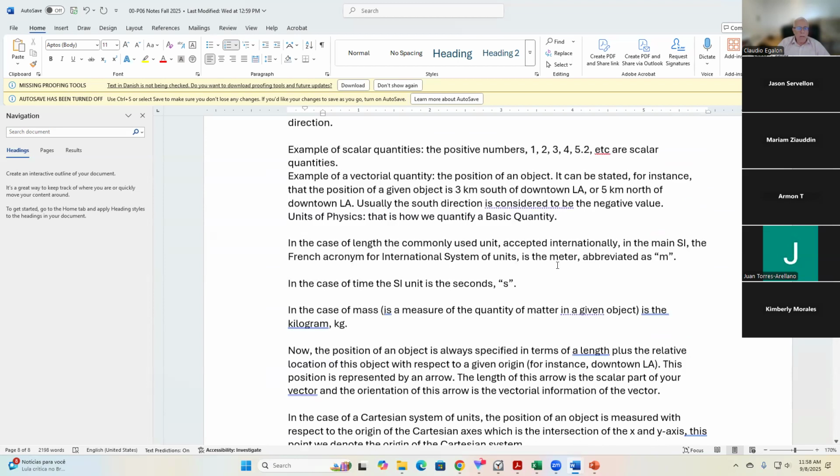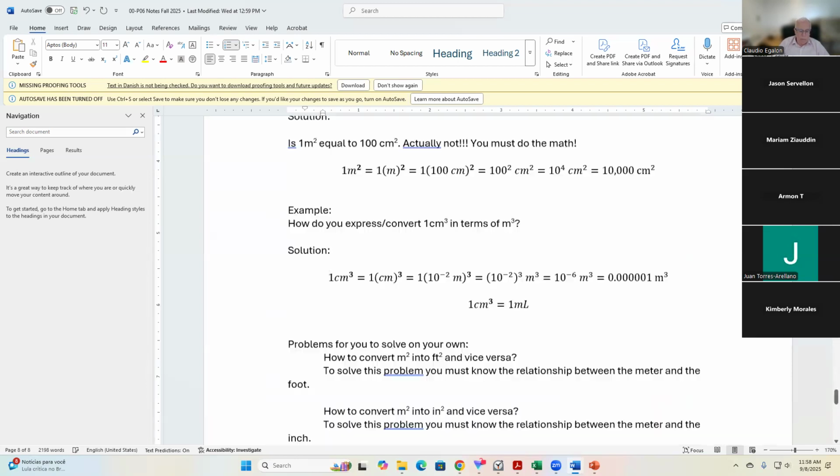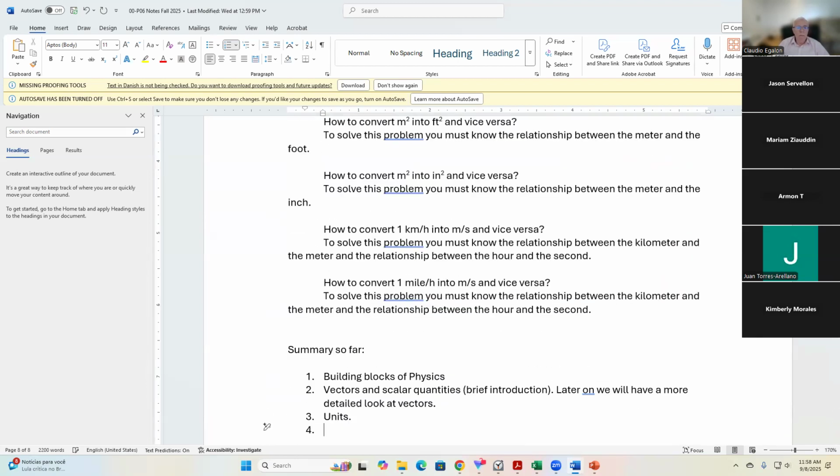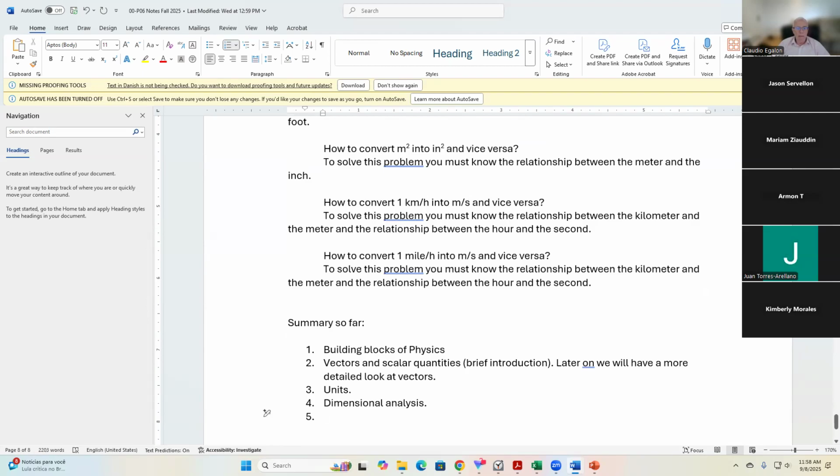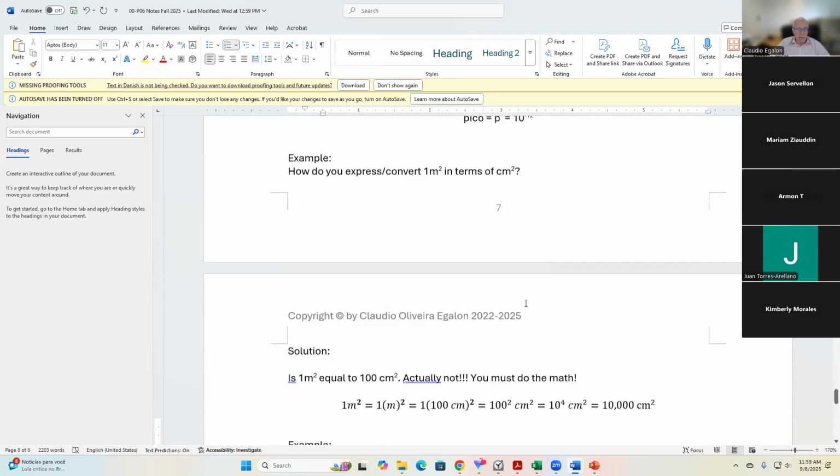We talked about units. We talked about dimensional analysis.